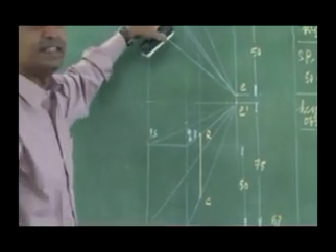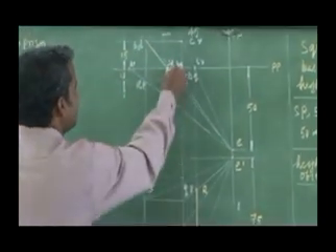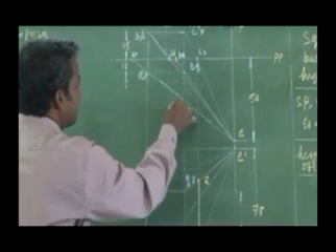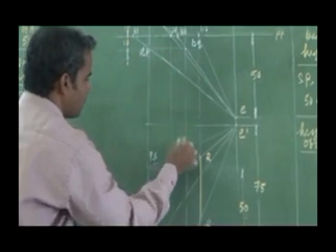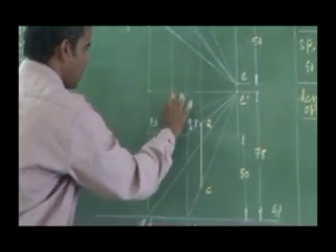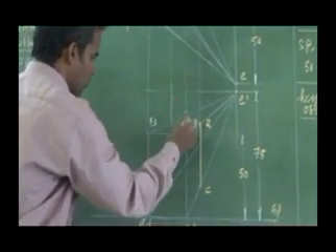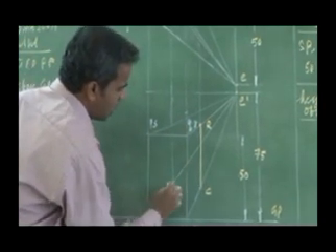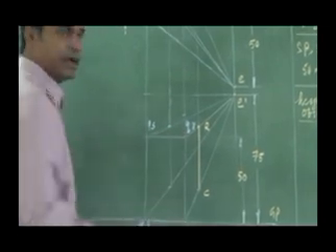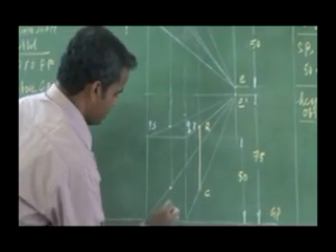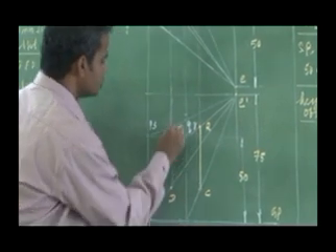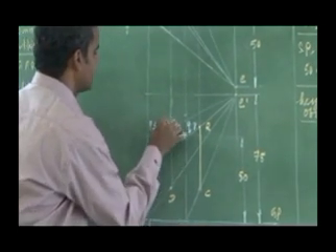Similarly, HSD, I have the intercept by projecting that, at the same location horizontally. So this is going to be my A, this is going to be my D, this is going to be my S.